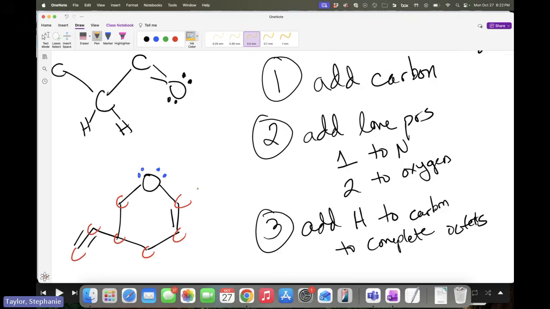Orange. And this is the part that does get a little bit quick. I look at this carbon, it's got 1, 2, 3, so a double bond and a single. It gets a hydrogen. This carbon's got a double bond and a single, it gets 1. It's got 2 singles, it gets 2 more hydrogens. This one's got 1, 2, 3 single bonds, it needs 1 more.